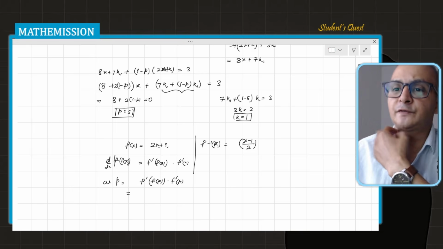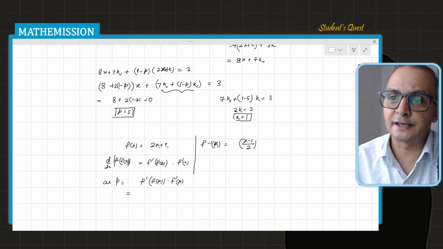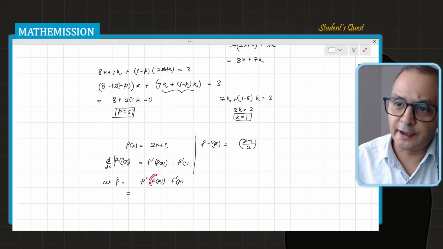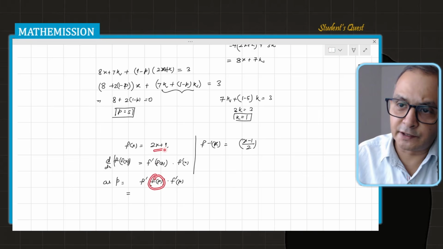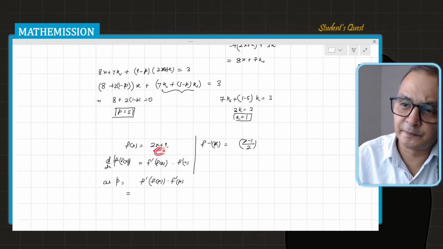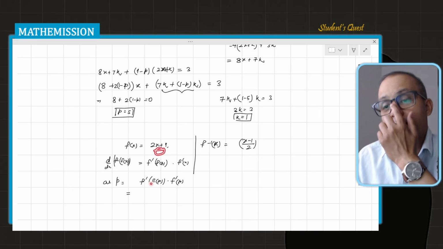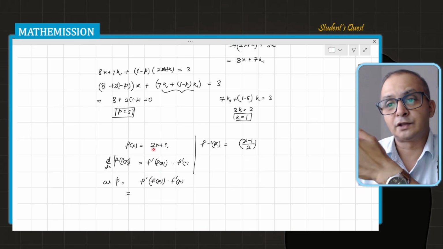So f(p) is 5. Now see the beauty: if you substitute anything there and again differentiate, you get only the constant term.